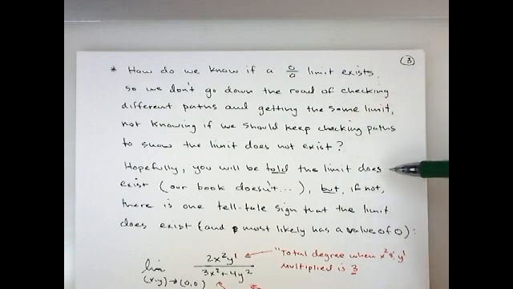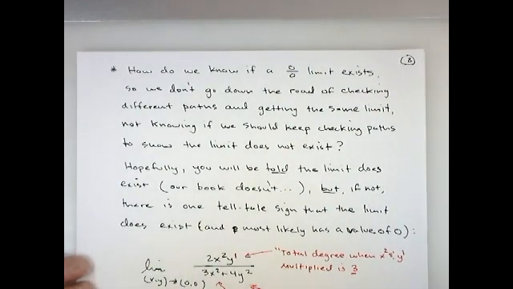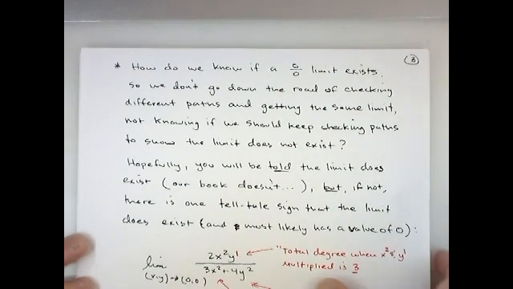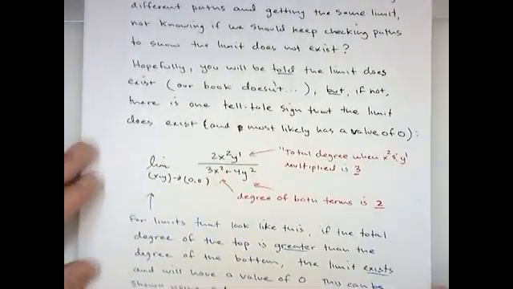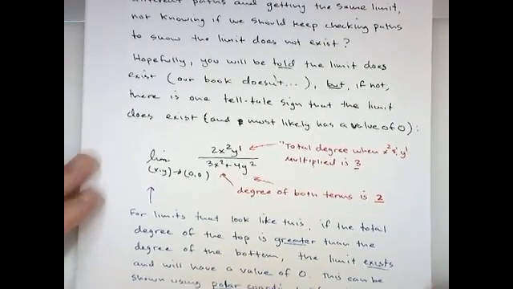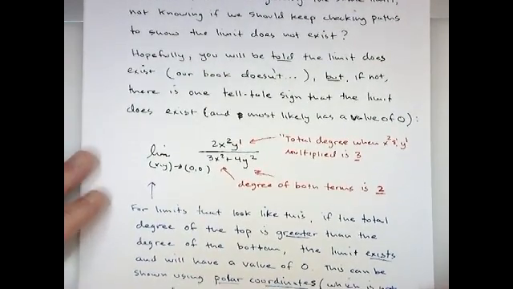Hopefully you will be told the limit exists if it really does. Again, our book doesn't. So if not, there is one telltale sign that I can tell you about that would indicate to you that this limit actually is going to exist and most likely will have a value of 0.